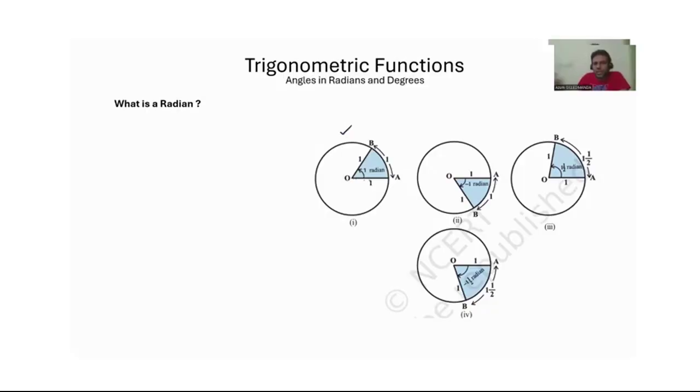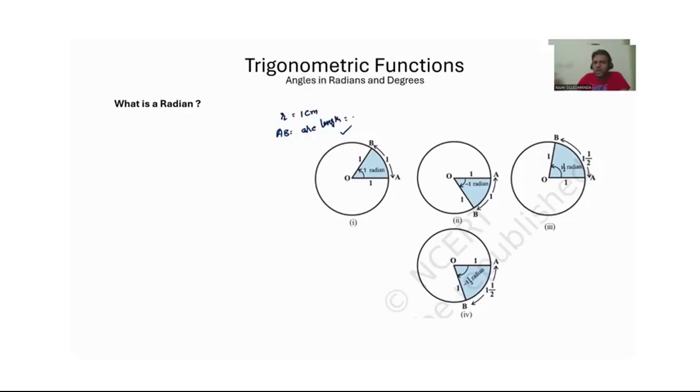A unit circle means its radius is 1 centimeter. With 1 centimeter, if I draw a circle with center O, then what is this AB? AB is the arc length, right? AB is the length of the arc.